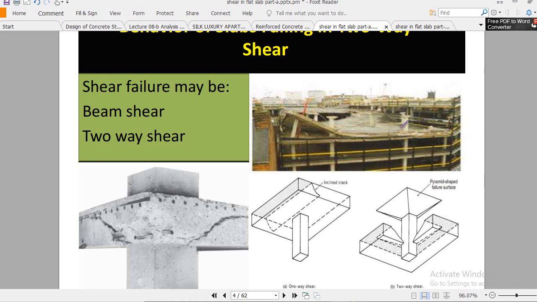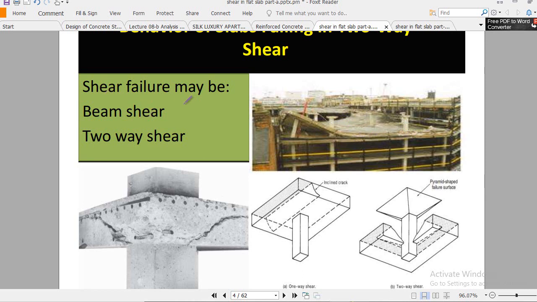It gives you some kind of prior warning, but in shear there is no forgiveness. If you make any mistakes in calculating shear, there will be no forgiveness, and such kinds of failures occur abruptly, giving no prior warning, and it will become the cause of many losses, both living and non-living things. Okay, so great financial losses and so many things.